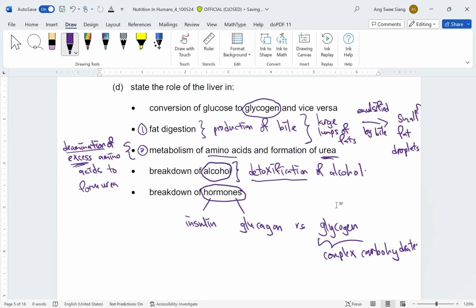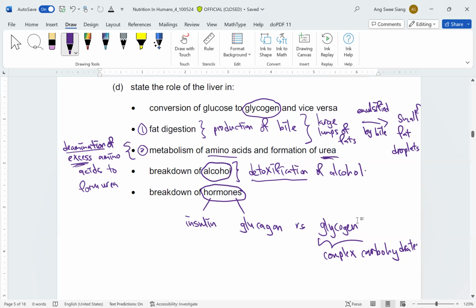That is what you need to know for this function, breakdown of hormones. Once hormones are secreted into the blood, they will be transported to their target organs where they exert their effects. Then after they have done that, the hormones will be broken down in the liver. Then the levels of the hormones will return back to the normal level.